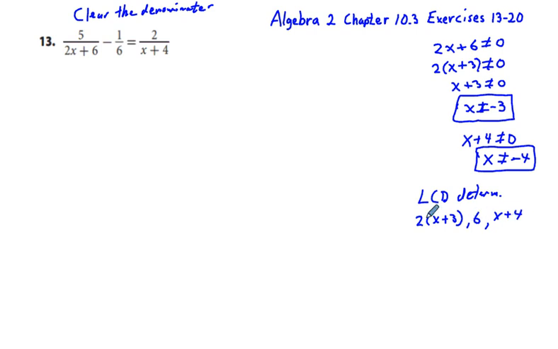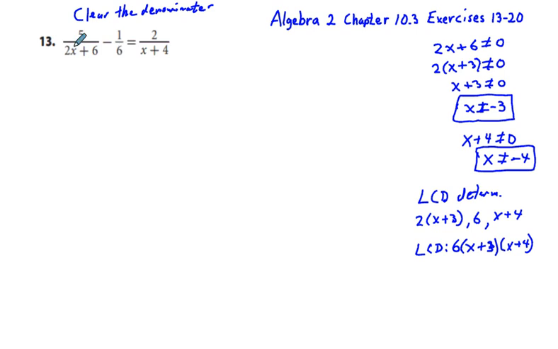Well, the 6 will include that 2, so what we're going to end up having, our LCD, our least common denominator, is going to be 6 times quantity x plus 3 times quantity x plus 4. And that's what we're going to be working with here.